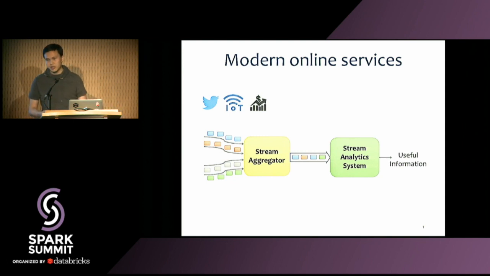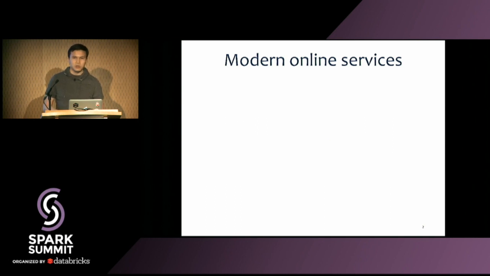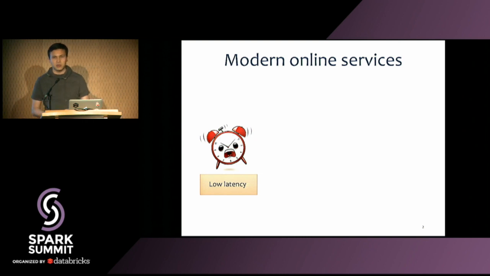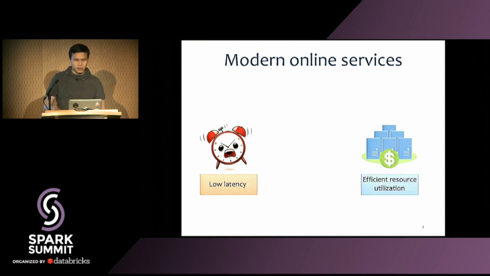The stream analytics system in modern online services normally has two goals. First is to achieve low latency, or sometimes a high throughput, in processing the data. The second goal is efficient resource utilization.